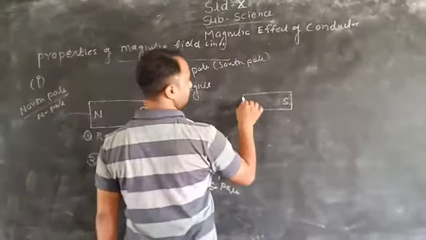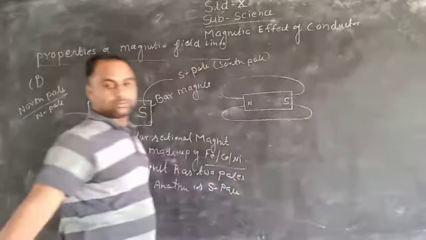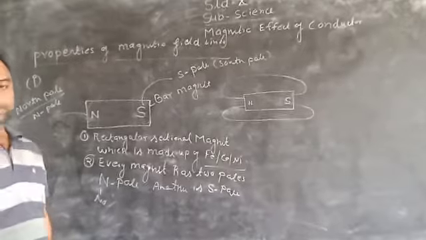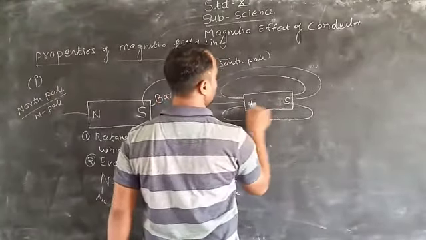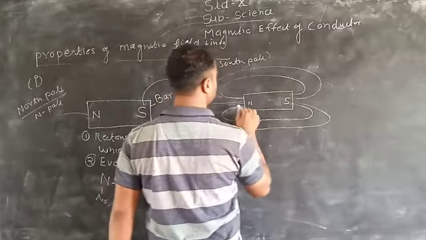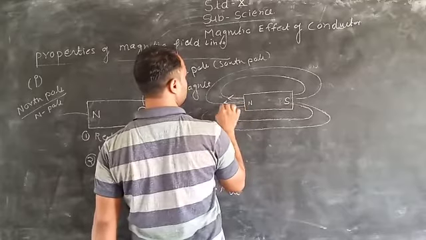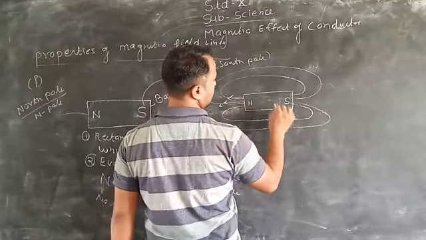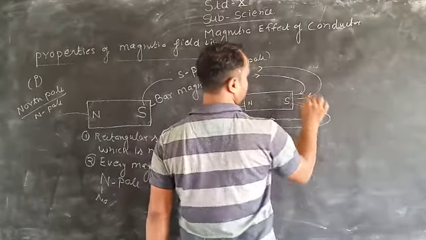Magnetic field lines originate from the north pole here. Outside the magnet, the field lines originate from the north pole and enter the south pole.